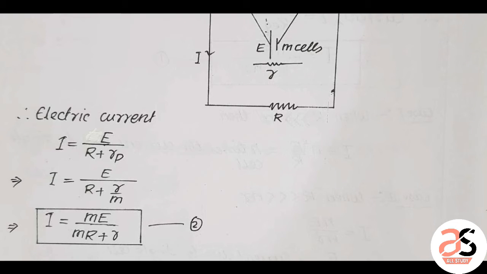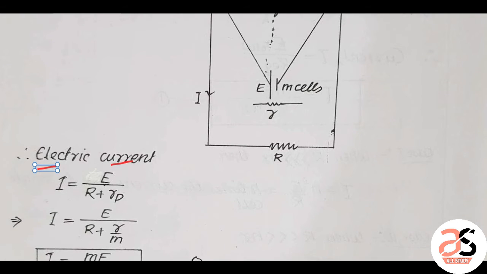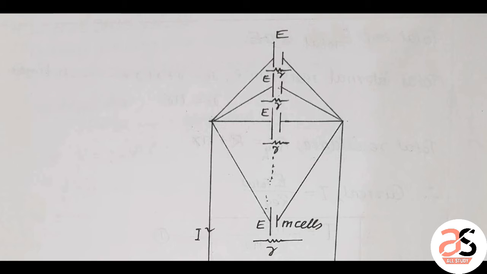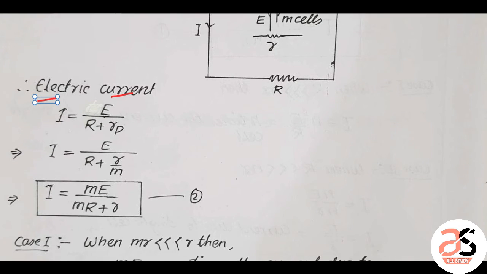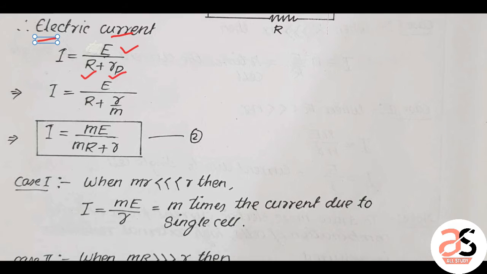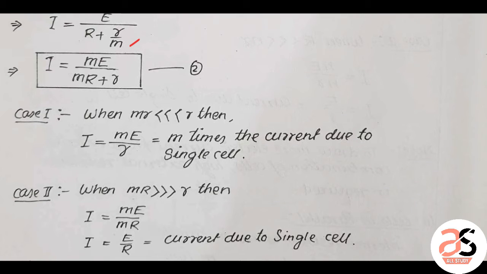Now what is the electric current? They are all in parallel connection, so the EMF is the same, E, because of the parallel connection. Total EMF will be E, and total resistance will be external plus internal, R plus r by M. What is M?